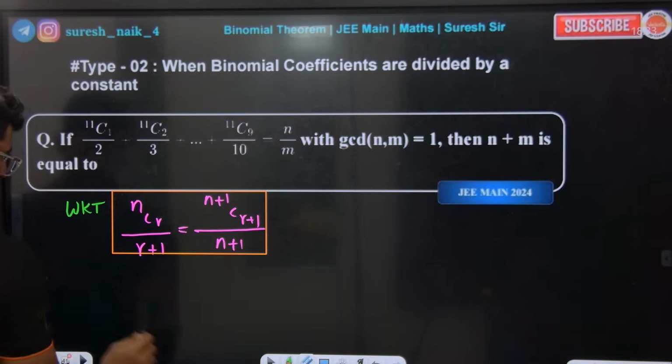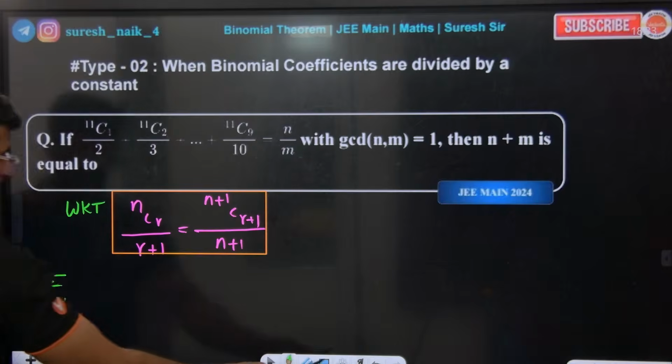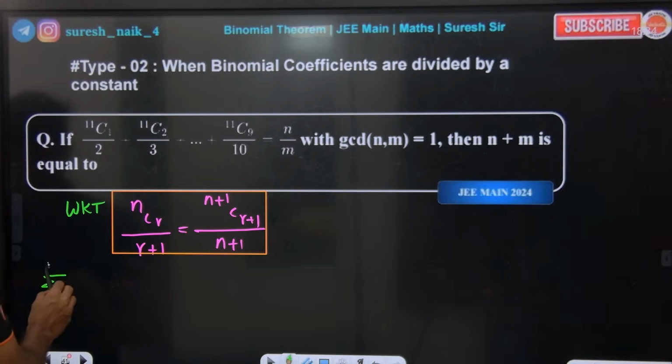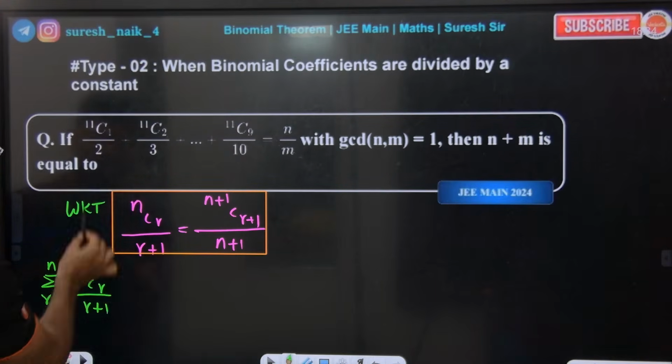Let me erase this. Okay, so the summation I can write as sigma r is equal to 1 to n of nCr by r plus 1. Put r value 1 at 2 and so on.